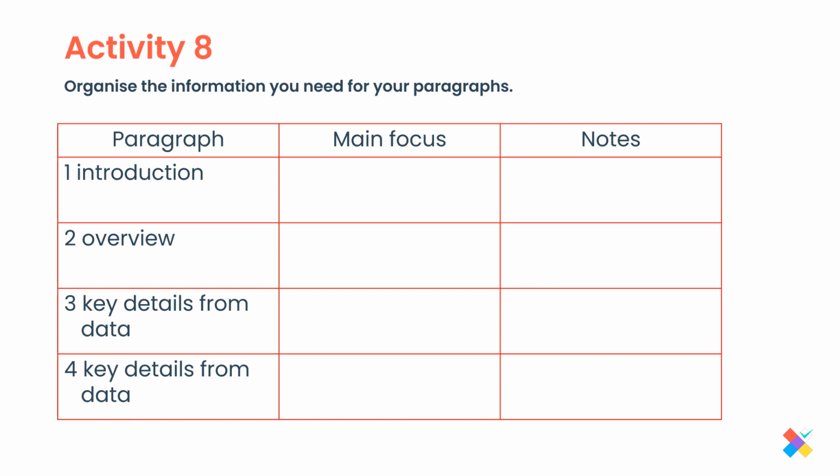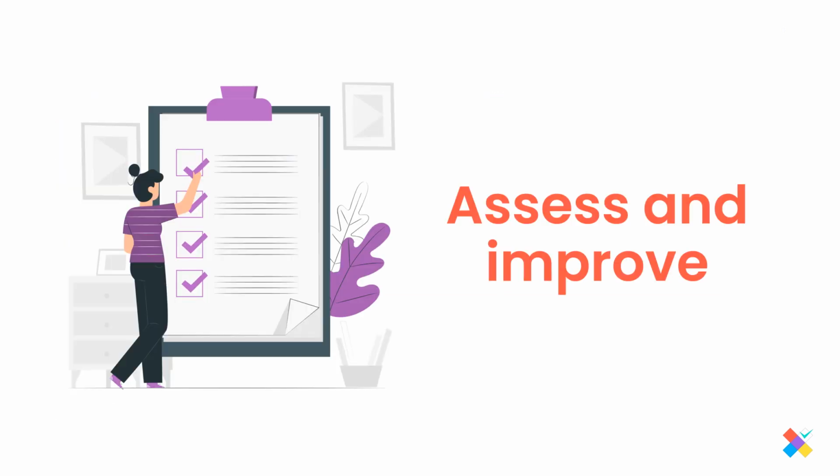Okay, time's up. So now that you have planned, before we move on to the next one, to assessing and improving, it's time to put pen to paper and start writing, or finger on keyboard if you're preparing for the computer based.